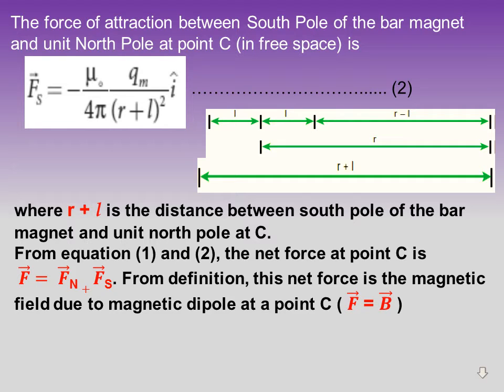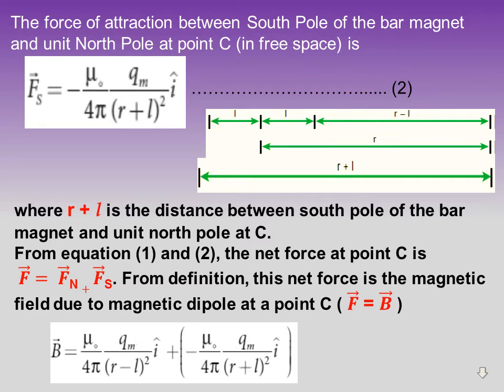Now, from equations 1 and 2, the net force at point C is F vector equal to Fn plus Fs vector. From definition, this net force is the magnetic field due to the magnetic dipole at point C, which is F vector equal to B vector.